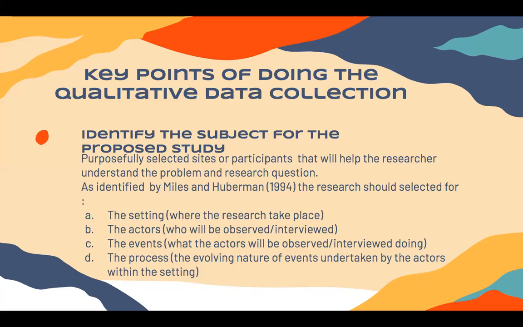As identified by Miles and Huberman, the researcher should select the setting where the research will take place, the actors who will be observed or interviewed, the events, what the actors will be observed or interviewed doing, and the process, which can also be described as the evolving nature of events undertaken by the actors within the setting.